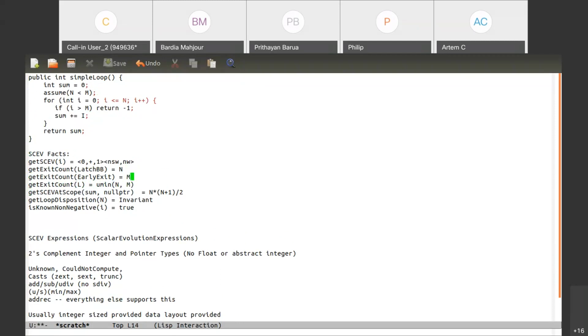So this is what you'd most likely get today. Note that this value, if SCEV is able to prove that n is actually the exit, could be any value greater than n.